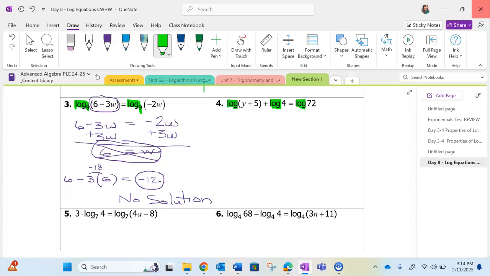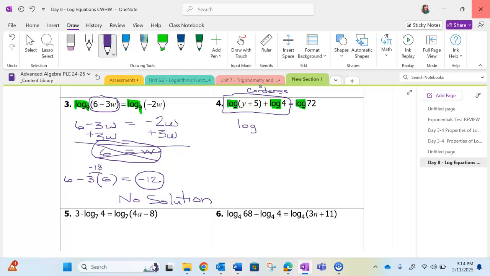Now remember, the only way you can set the arguments equal to each other is if there is 1 log on the left and 1 log on the right of the equal sign. So I have to do something with this. I have to condense this, which we've talked about condensing, into one term. So I'm going to make it the log, I write it one time.